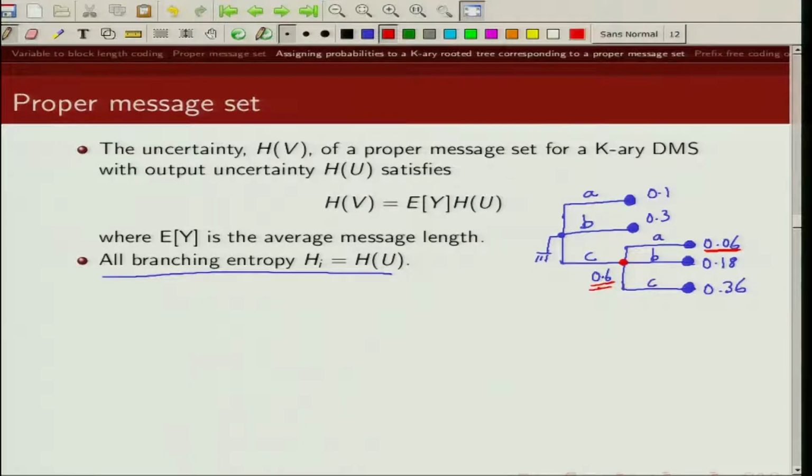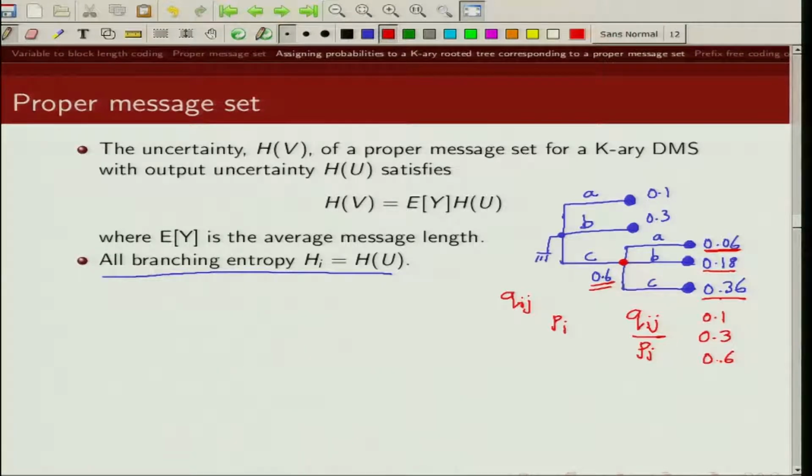If we use the notation we have used earlier, we have used Qij to denote these probabilities, and we have used Pi to denote the probability of the node. And this ratio Qij by Pi for this particular node is 0.06 by 0.6, which is 0.1, and then 0.18 divided by 0.6 is 0.3, and 0.36 by 0.6 is 0.6.